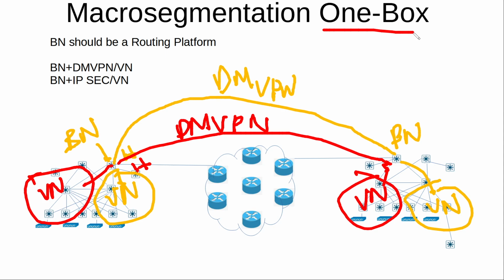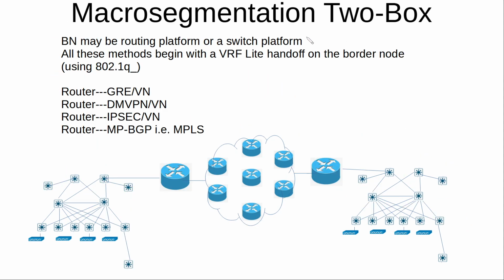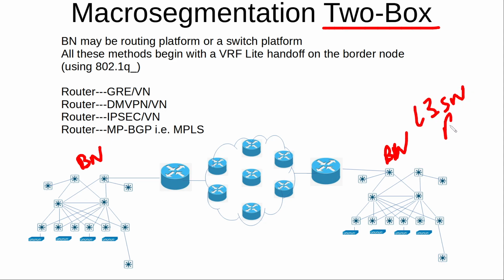It has to be a router, and I can go for DMVPN solutions or IPsec solution in order to communicate virtual networks together. Now, the other approach is having a two-box approach. So I'm going to have my border node here that is not going to perform too many functions. This border node here can be a layer 3 switch or a router.